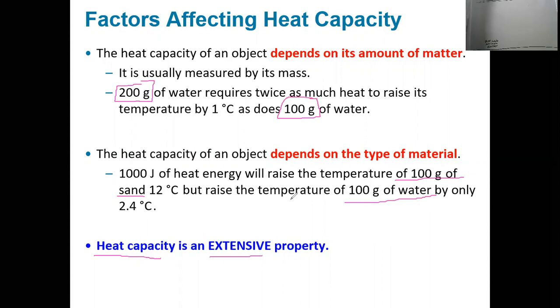But the internal heat capacity of both are different. So sand is going to have a 12-degree temperature change. Water is only going to have a 2.4-degree temperature change. And if we think back to the previous slide, that probably means that water has a larger heat capacity than sand does, so that the temperature change is not going to be as dramatic for something like water as it is for sand.